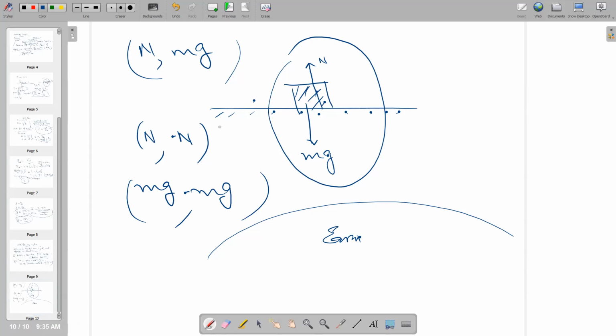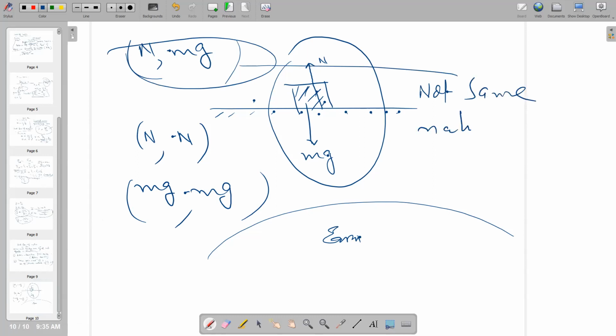Here, if upward is positive and minus mg is downward, this is not the same nature. So we cannot say that they are action and reaction pairs.